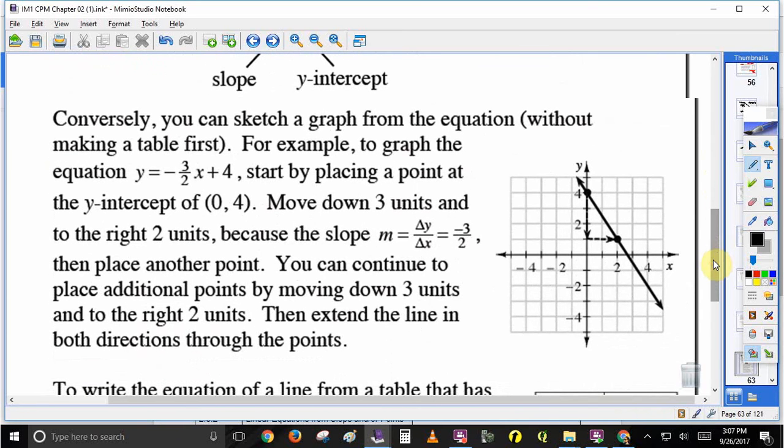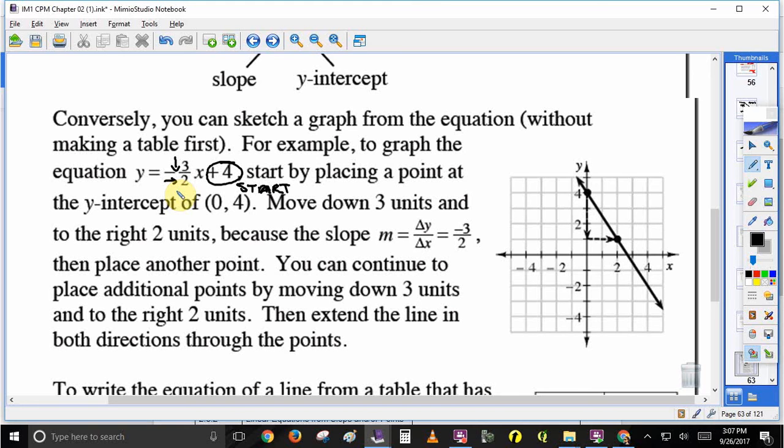Conversely, you can sketch a graph from the equation without making a table first. For example, to graph the equation y equals -3/2 x plus 4, start by placing a point at the y-intercept of 4. So this is where we're going to start. Then we're going to count, in this case, down 3, right 2. I'm going to go down 3 because it is negative, and I'm going to go right 2.